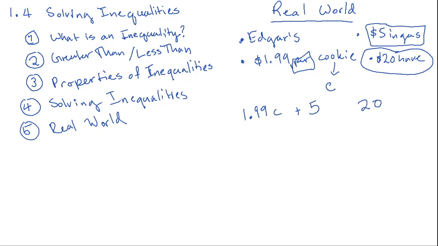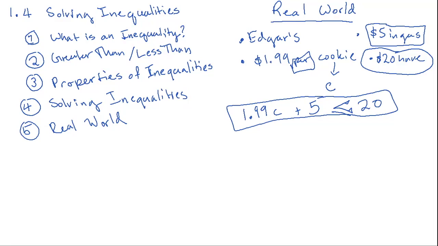Well, we only have $20 to spend, which means our $20 has to be bigger than how much money we spend total. So here is our expression. I suppose it could be less than or equal to, because you do have $20, but anyway.